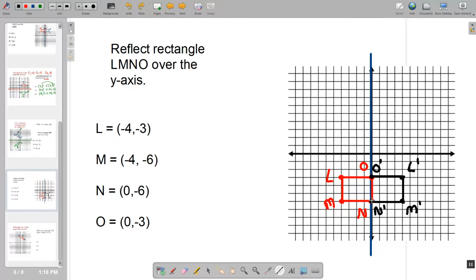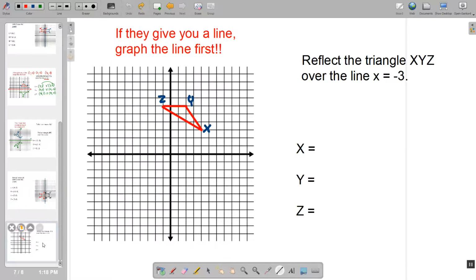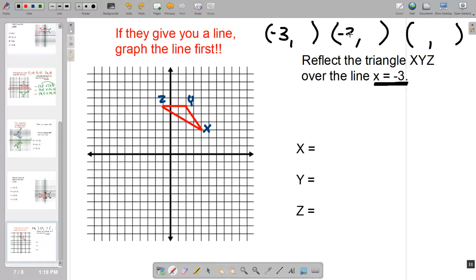So we have one final example to cover before we are done with this topic and ready to do some practice on our own. Once again, if they give you a line, you have to graph the line first. Our line at this time is x equals -3. And if we remember from before, we need to pick ordered pairs where the x value has to be -3. So I can pick any number for y.